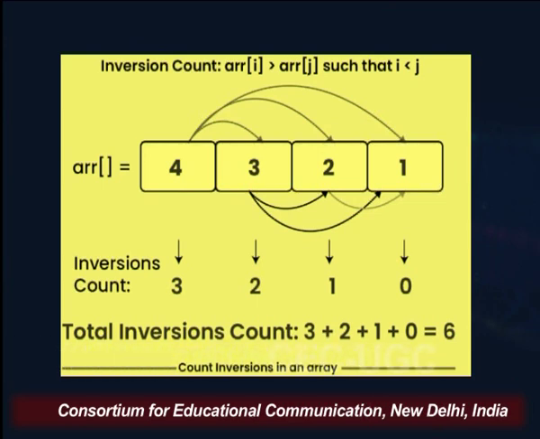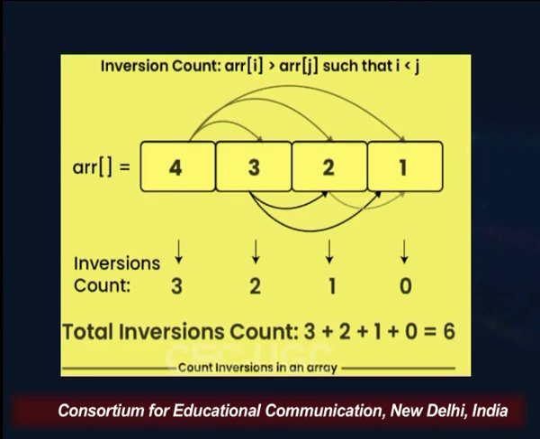Looking at the next element, 3, the inversion count for 3 is 2: one when compared with 2, and the next when compared with 1. These are not in the correct order: it should have been 2, 3, but there is 3, 2, and again it should have been 1, 3 in sequence, but the present order is 3, 1. So the inversion count for 3 is 2.